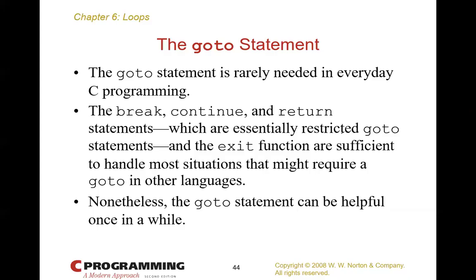So the break, continue, return statements, which are restricted goto, and also the exit function are sufficient to handle almost all the situations that we might come across in the C programming language. Goto is available, but not always used.